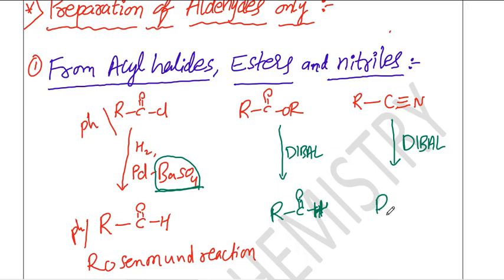Here this cyanide also directly converts into aldehyde in the presence of DIBAL-H. Here three reactions. So by these methods we can prepare only aldehydes, we cannot prepare ketones. DIBAL-H is very important. This is a specific reagent by which we can prepare aldehydes from nitriles or cyanide and from esters.